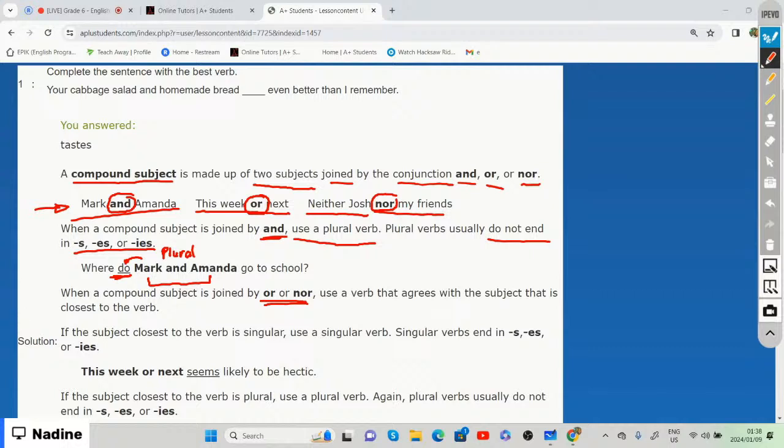If the subject is plural, then we go with a plural verb. So if the subject closest to the verb is singular, then we use a singular verb, and singular verbs end in s, es, or ies.